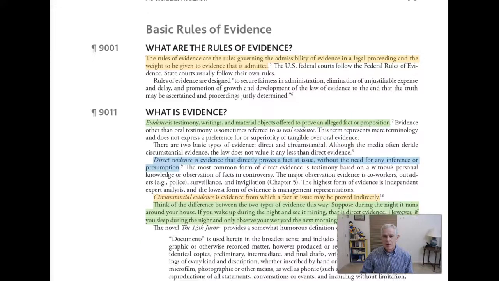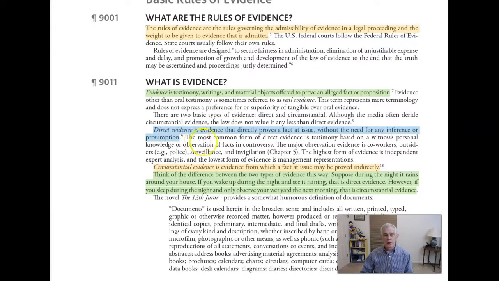Now, a couple of different kinds of evidence. There's direct evidence. That evidence, whatever it is itself, directly proves a fact at issue without the need for any inference or presumption. Here's the evidence. It proves a fact. Okay? Now, circumstantial evidence. And you probably heard this word on TV and so forth.